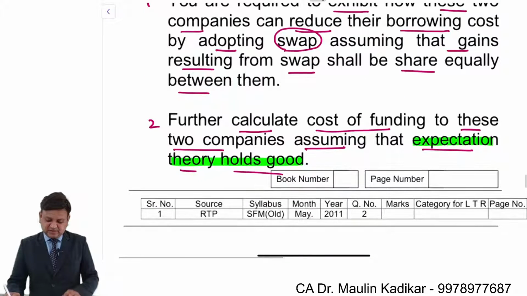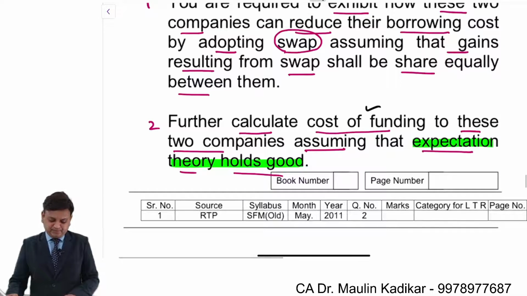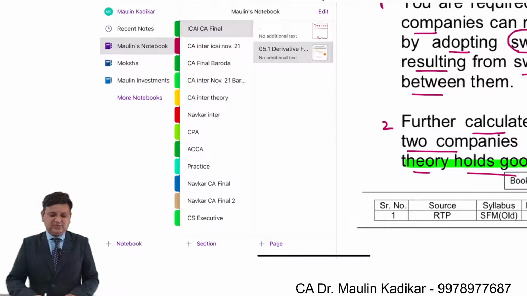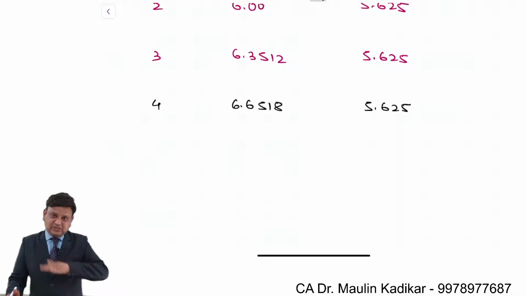The question says further that calculate the cost of the funding to these two companies, assuming the expectation theory holds good. Now we understand that as far as a company which has borrowed at the fixed rate, the cost is always going to remain fixed in spite of the change in the floating rate of interest.